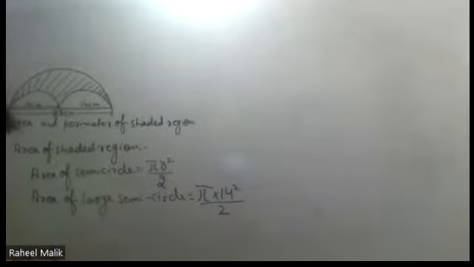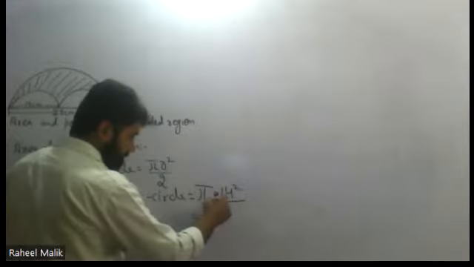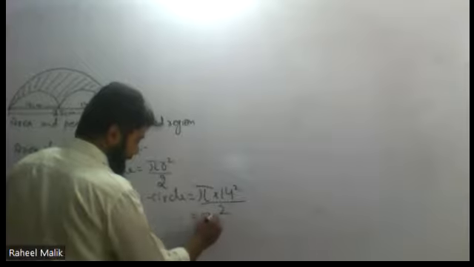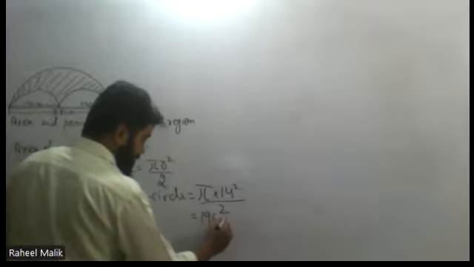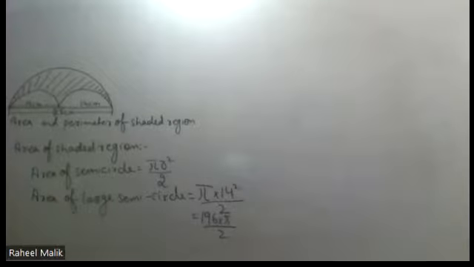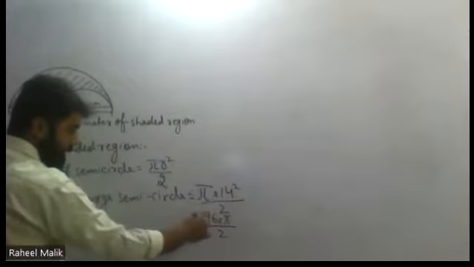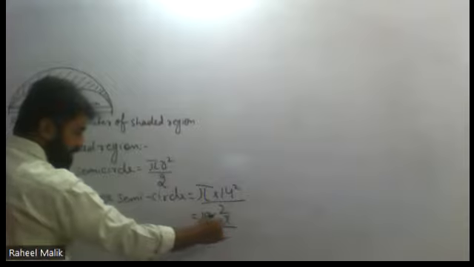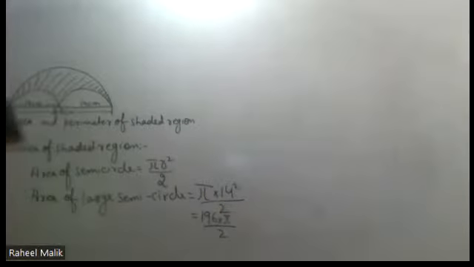So when I simplify, 14 square will be 196, into pi upon 2. Okay, 14 square I have got, that is 196. Pi value as it is, divided by 2. I have got this till this point.